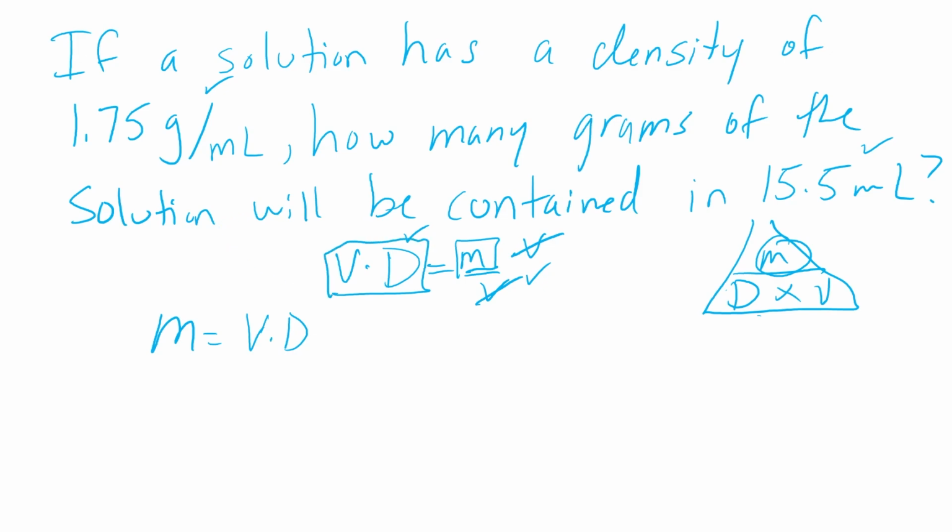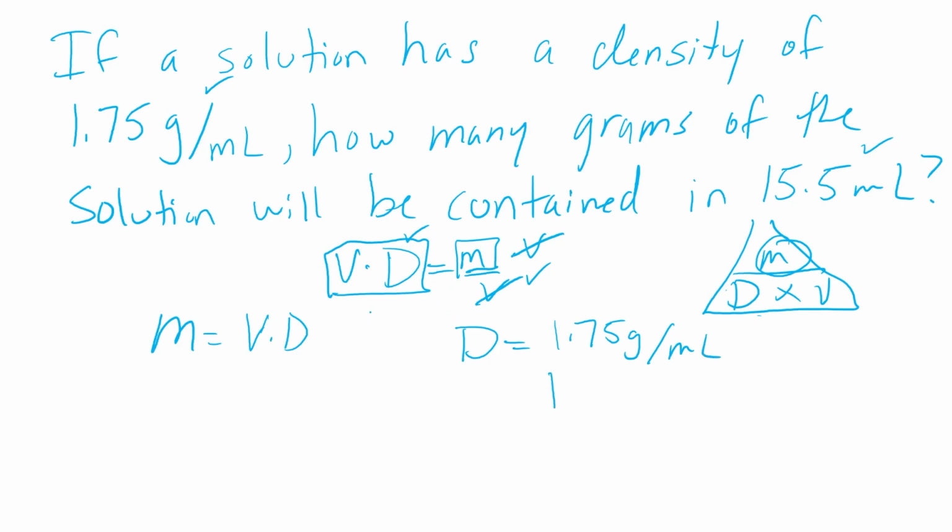In this case, though, a lot of times we want to maybe show our work with dimensional analysis. And as we'll talk about, or maybe you've talked about, dimensional analysis is where we kind of use conversion factors and show the units canceling. So for example, the density value that we have of 1.75 grams per milliliter can be used as a conversion factor.